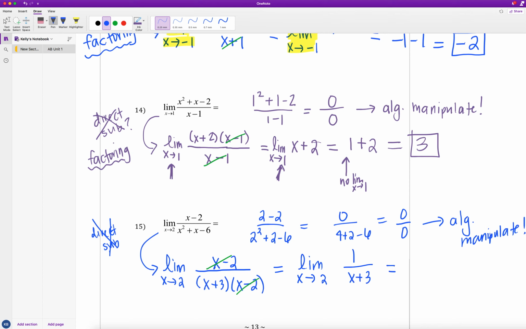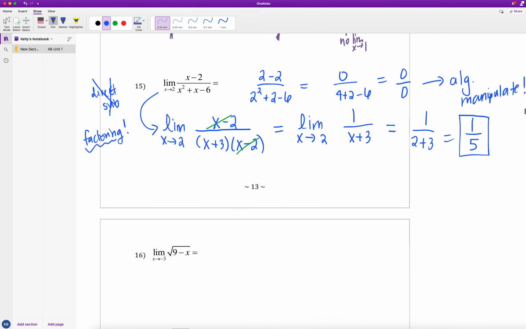Now I can go ahead and do a direct substitution, and subbing in 2 in place of that x will give me 1 over 2 plus 3, so I end up with 1/5 as my final answer for example 15. And in this case, our factoring was our key again to algebraically manipulate.